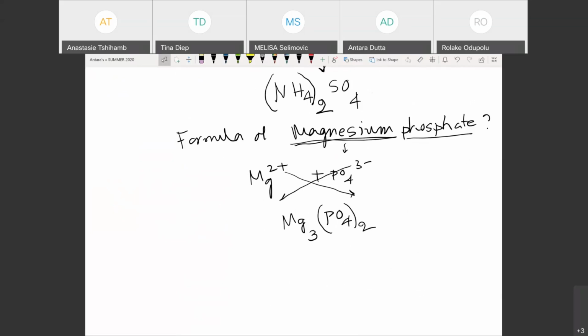And then you have to know the polyatomic ions. You have to know the negative charges from the periodic table, main group, like chloride, bromide, iodide, sulfide, oxide, nitride, phosphide.